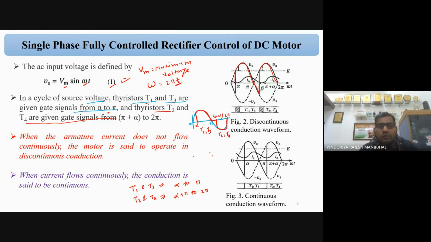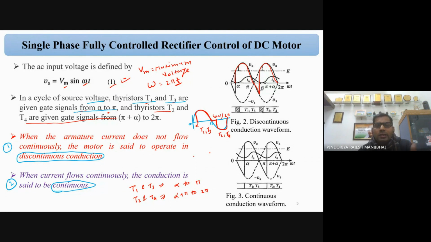So one is the discontinuous mode, that is the first mode, and the second one is the continuous mode. So what is the meaning of continuous and discontinuous mode? Discontinuous mode means the armature current does not flow continuously. Okay, so it means the motor is operating in the discontinuous mode.